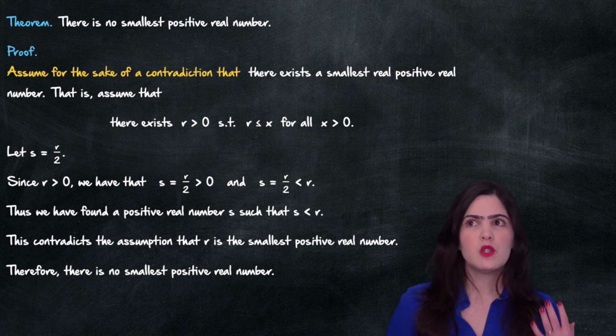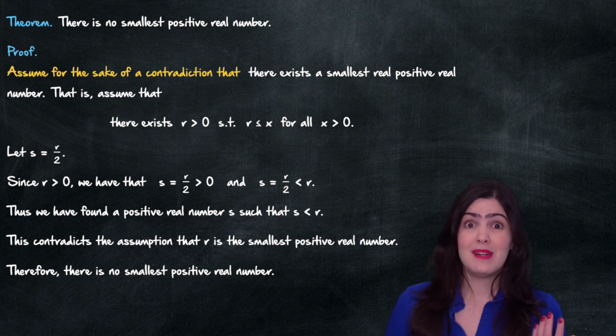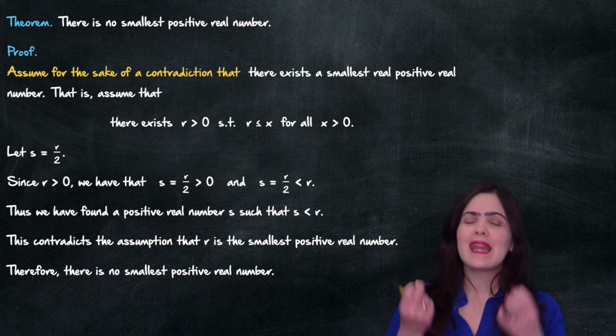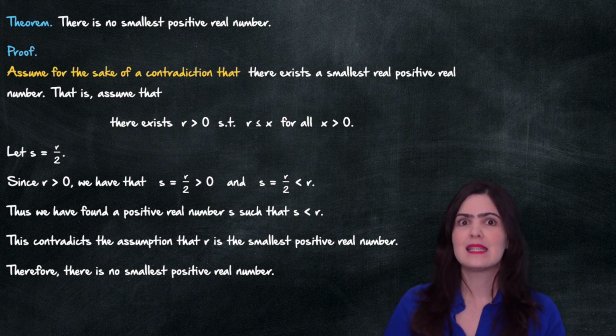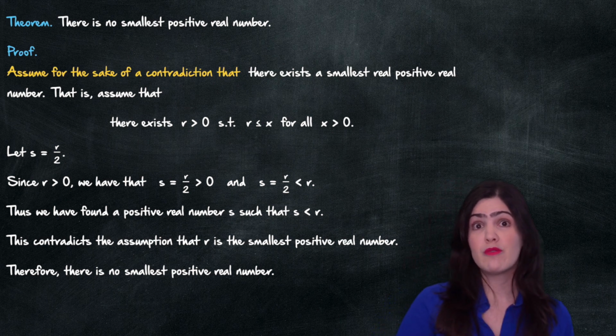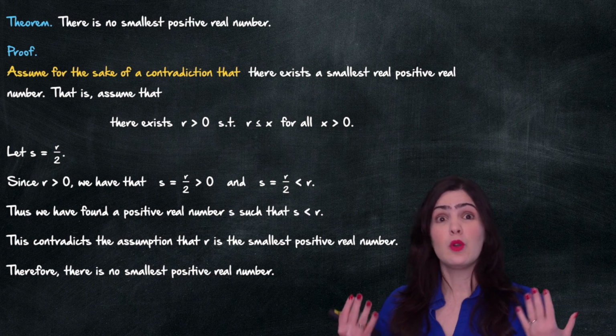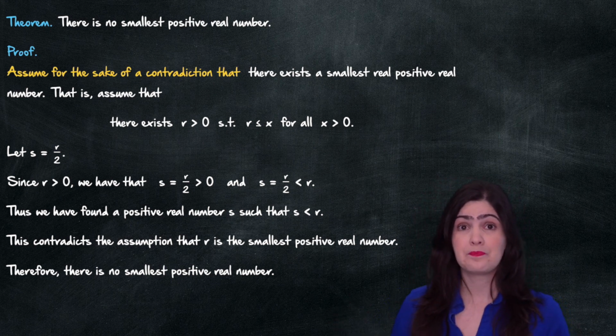Because when you want to prove that something doesn't exist and you assume the negation, what you're assuming is that that thing exists. And now you have something concrete to work with. In those cases, proof by contradiction is very likely to be successful, because you assume that that thing exists and you can manipulate it.